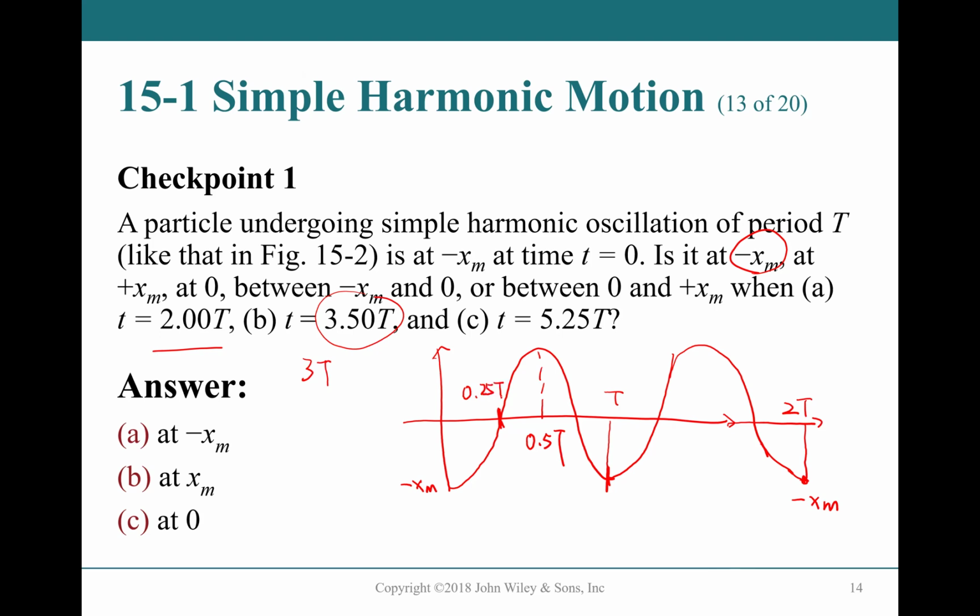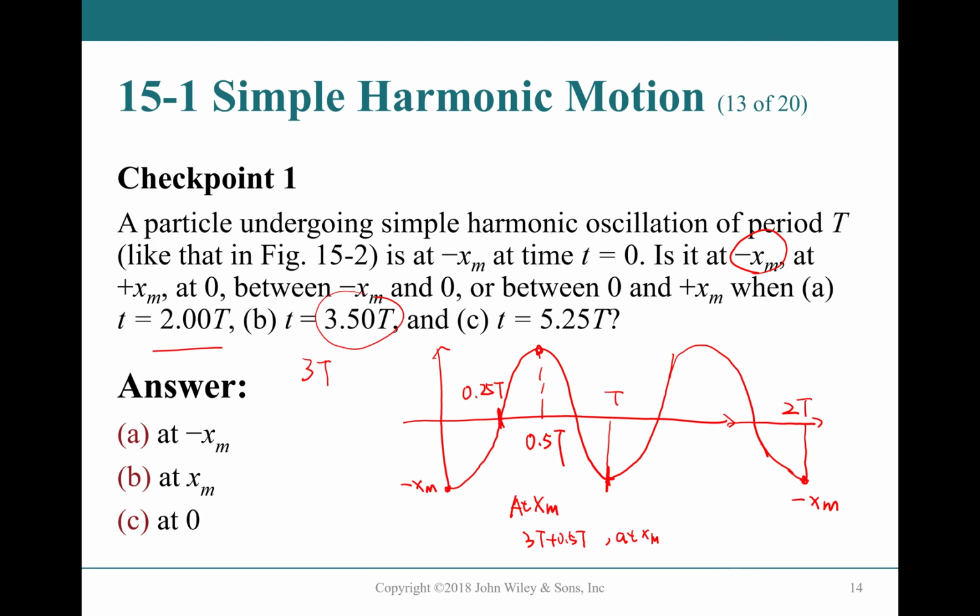So at 0.5T, we have the position at xm. So at 3T plus 0.5T is also at xm, because after one period, the object will go back to its initial position.